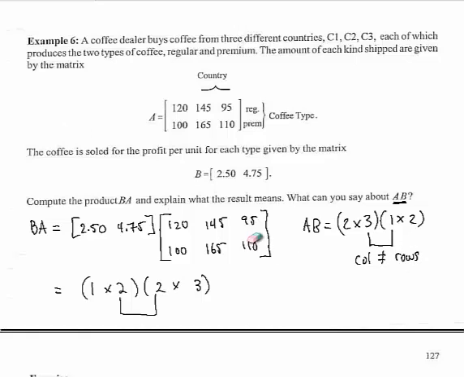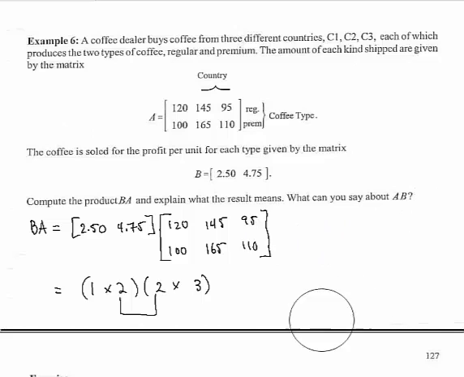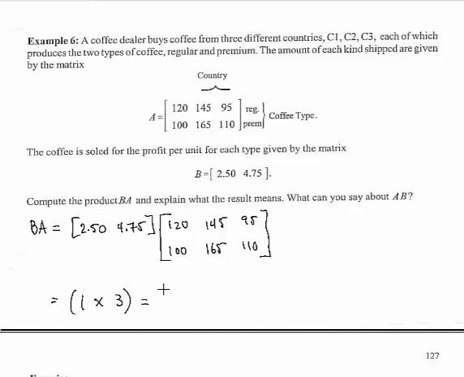Alright, so we won't worry about that. We've matched the columns and rows, and so we're going to get a product that has the same number of rows as the first and columns of the second. So this is going to be a 1 by 3.